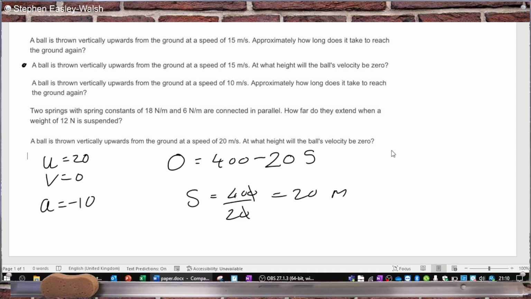So again, V squared equals U squared plus 2AS. So 225 divided by 20. Yeah, 11.25. I remember saying that earlier. So don't mix up your 2's and your halves, that's for sure. Okay, so the last one looks like it's 20 meters.